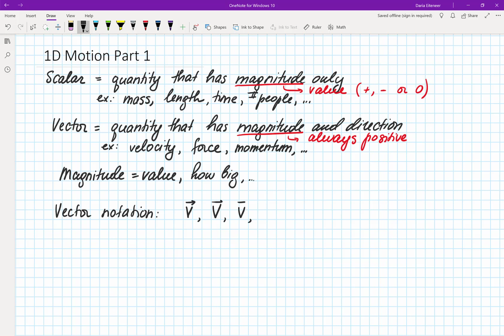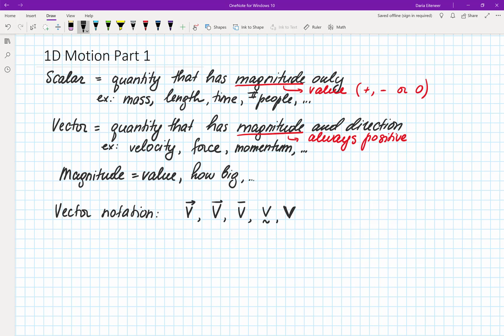If you look at some articles or textbooks, especially older ones, you may see a little squiggly line underneath a quantity. That's not as commonly used, but it does happen sometimes, so be on the lookout for that. Finally, in printed text, the most common way to denote a vector is to make it bold-faced.